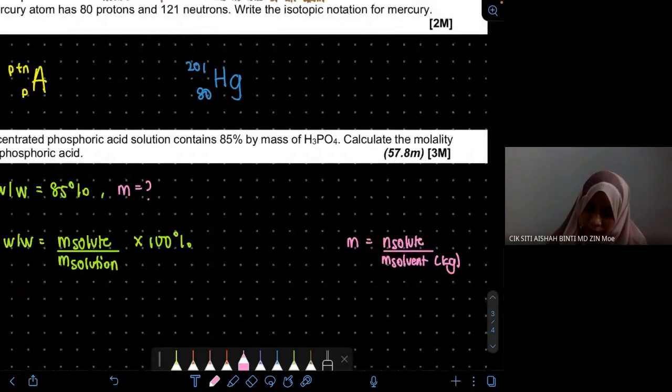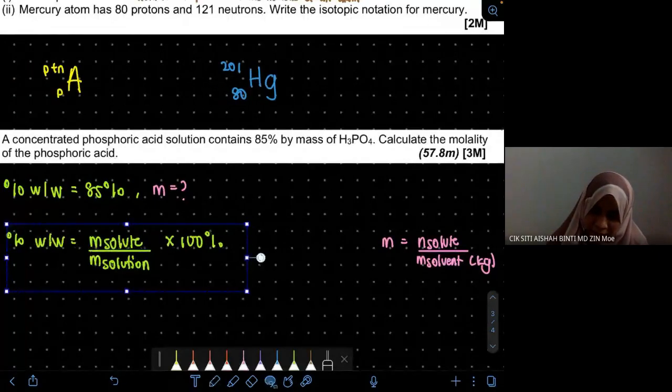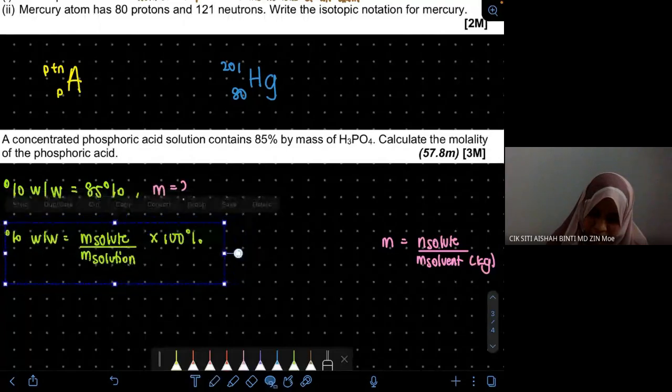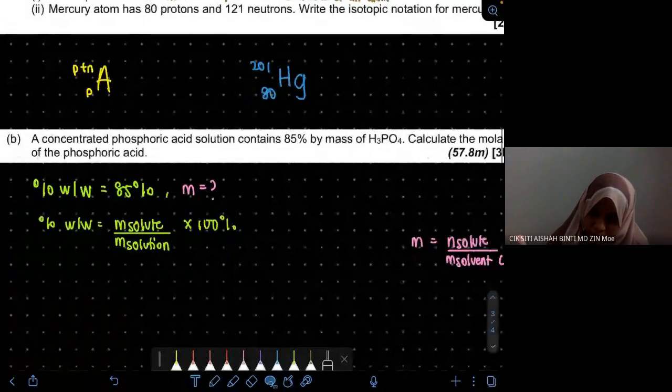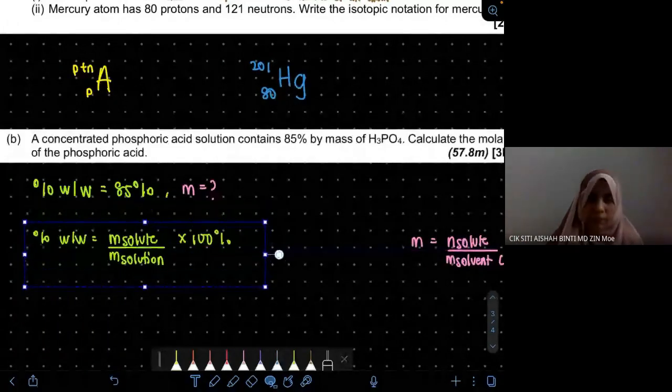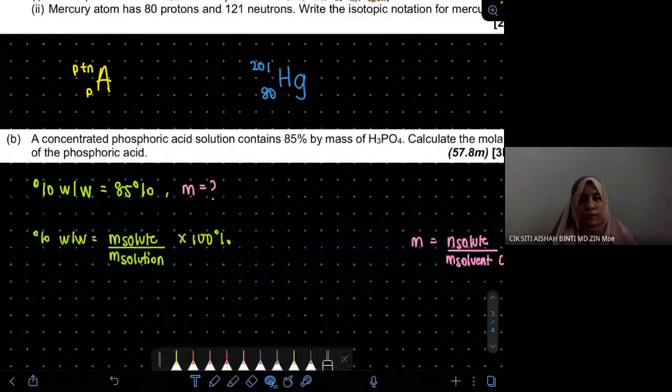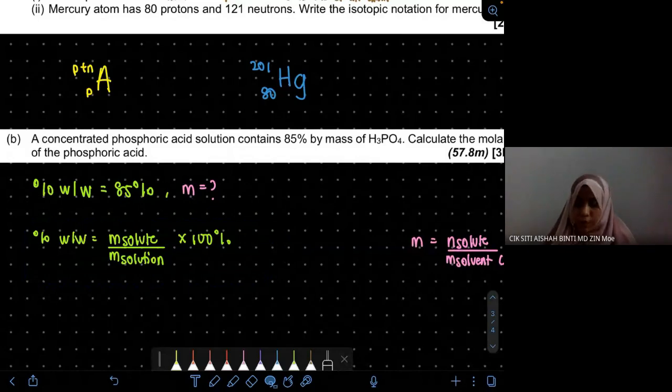So far, the only information we have is the percentage by mass. So what we are going to do next is the next step for the assumption.